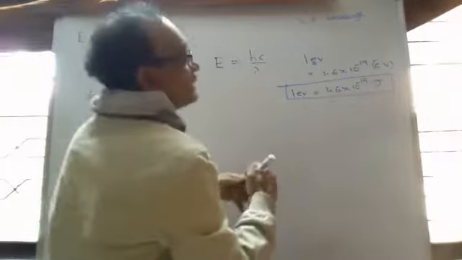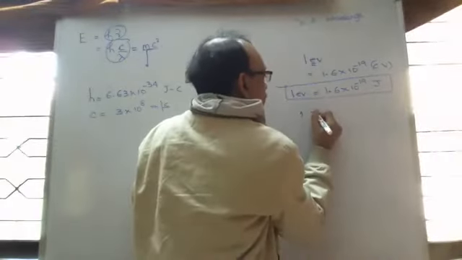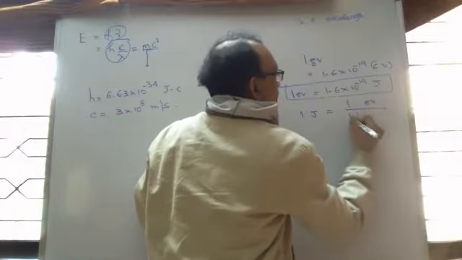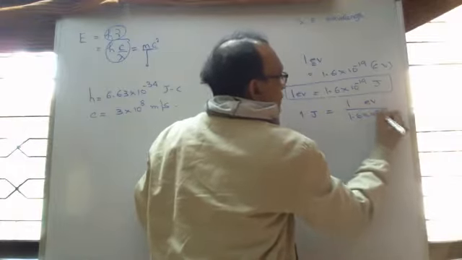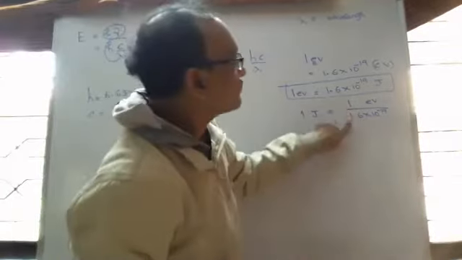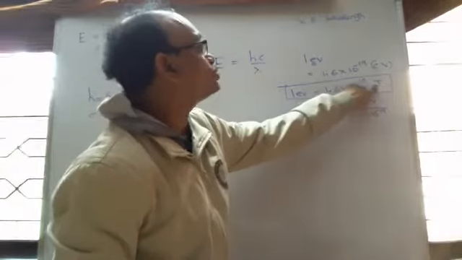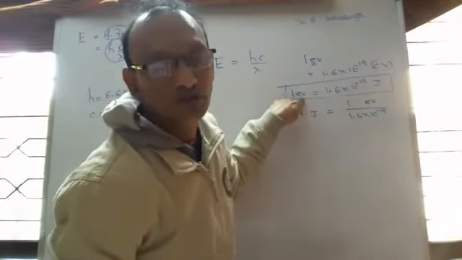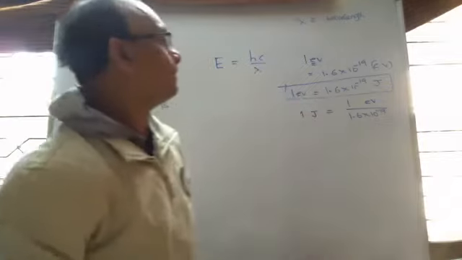And therefore, very clearly, 1 joule would be 1 electron volt by 1.6 into 10 to the power minus 19, so each joule is like 1 by 1.6 into 10 to the power minus 19 electron volts. Right?